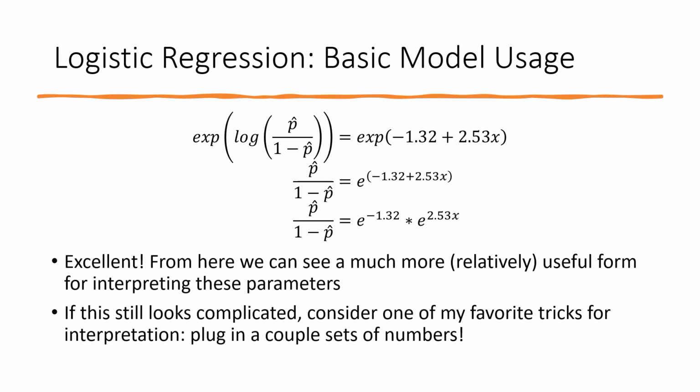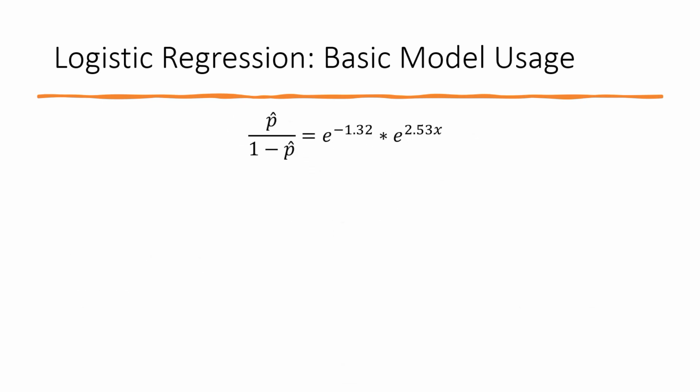I can use that to come up with an intuitive understanding of how that variable impacts the probability. In this case, let's try plugging in a couple of numbers for x, that is whether the person's a good worker or not, good worker being 1, not good worker being 0, and see what the outcomes are in terms of the odds.